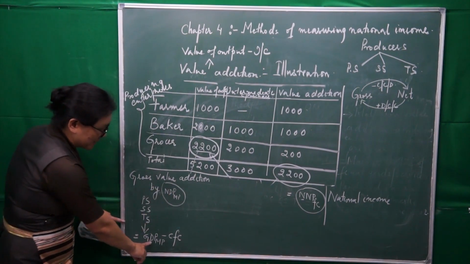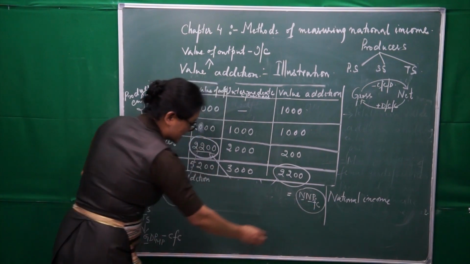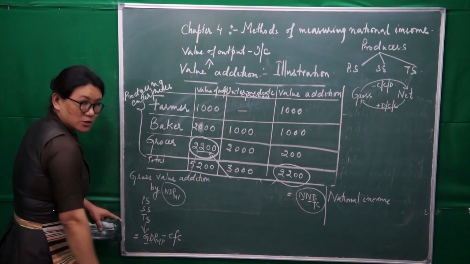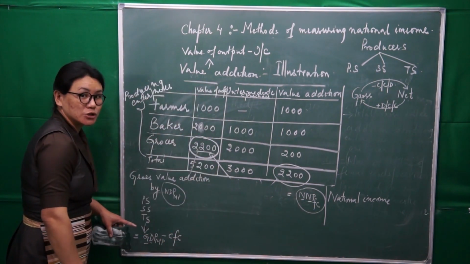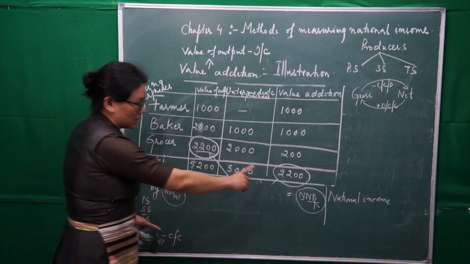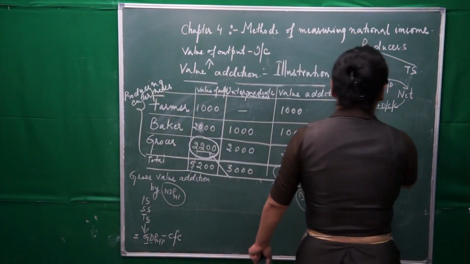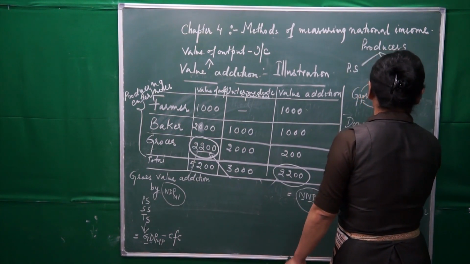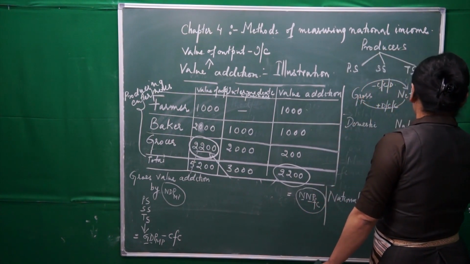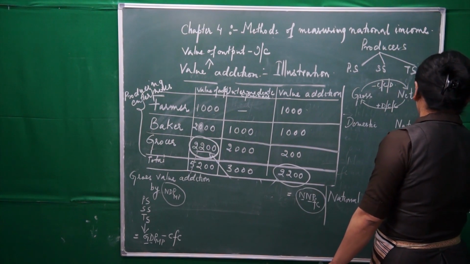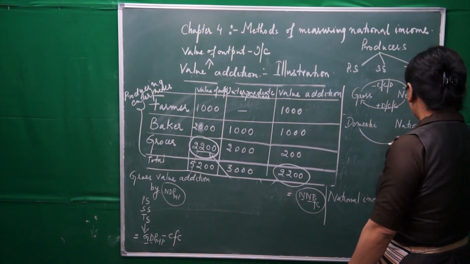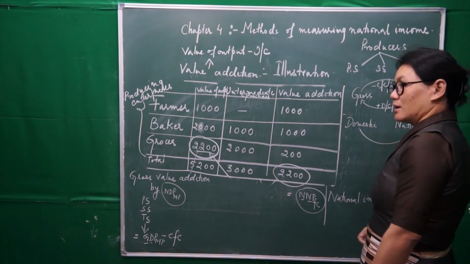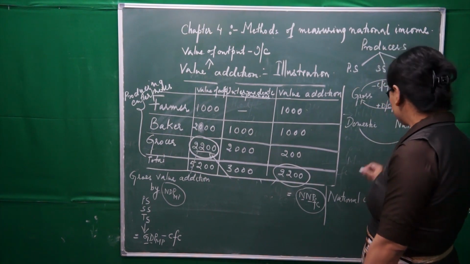Now, second one is D and N. What is this D and N? D is a domestic concept, N is a national concept. So, D into N. Remember again, domestic and national. So, what we have to do here? NFIA.